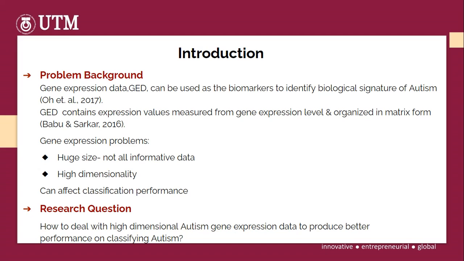This can lead to redundant, low quality, and noisy data, which will affect the performance when predicting important genes. Therefore, it is important to know how to deal with high dimensionality in autism gene expression data so that we can get better performance when classifying autism.